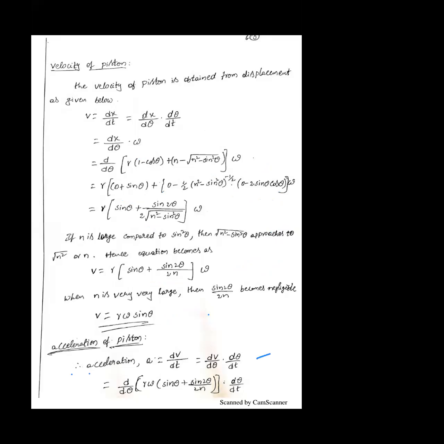But the velocity obtained earlier doesn't have a t term, so it is converted to dv by d theta into d theta by dt, where d theta by dt is omega. So we differentiate v, which is omega r into sin theta plus sin 2 theta by 2n, with respect to theta.